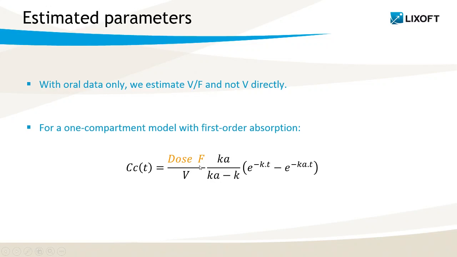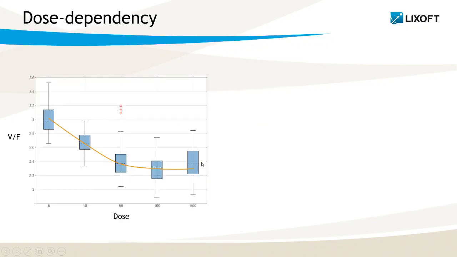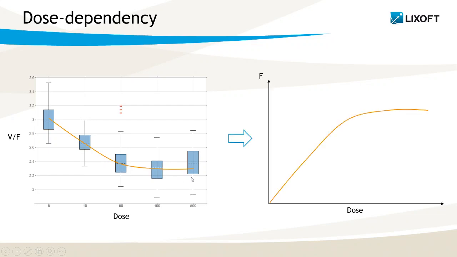If I have only oral data, I cannot estimate V and F separately, but only V divided by F. So what I see in the plot is that V divided by F is decreasing as the dose increases. If we assume that the volume of distribution is constant, then it means that the bioavailability is increasing with the dose.